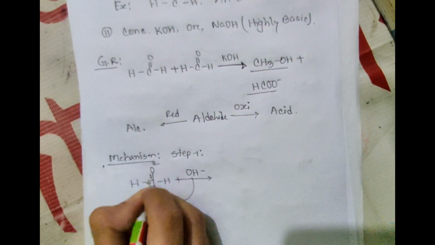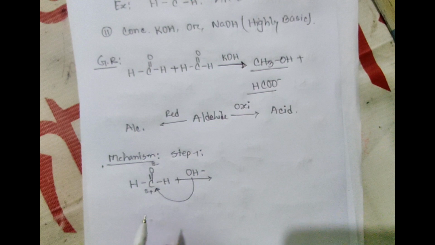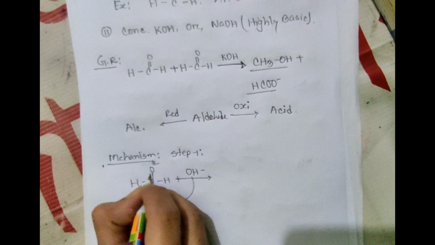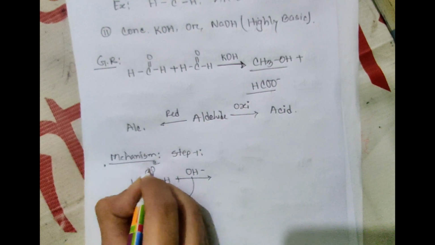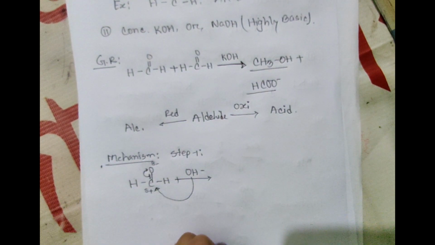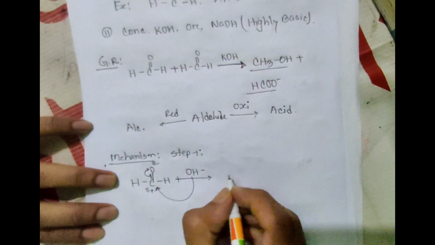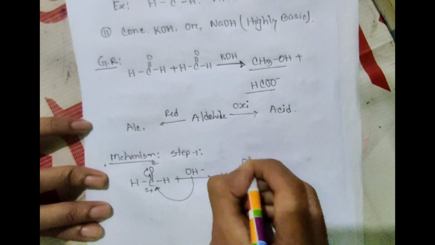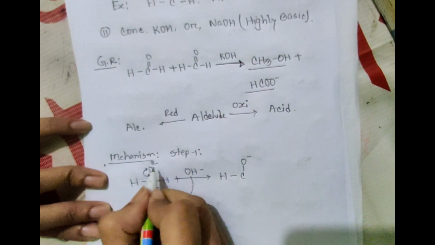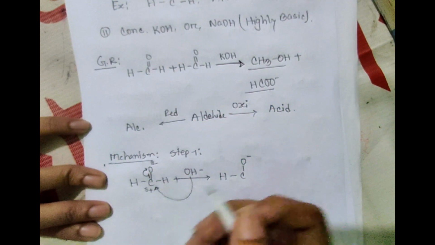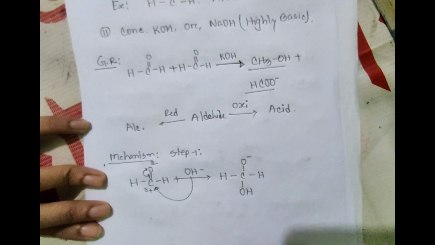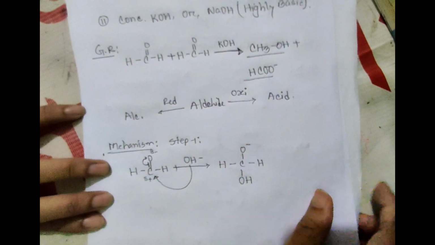Between carbon and oxygen there is a pi bond and a sigma bond. The pi bond will break and the pi electrons go to the oxygen because oxygen is highly electronegative. So the oxygen gets a negative charge, and this carbon has hydrogen and hydroxyl.